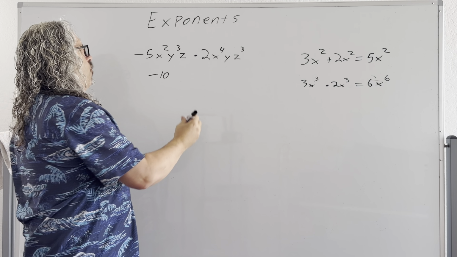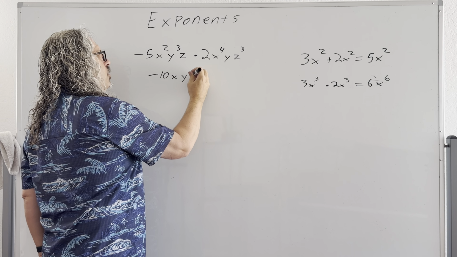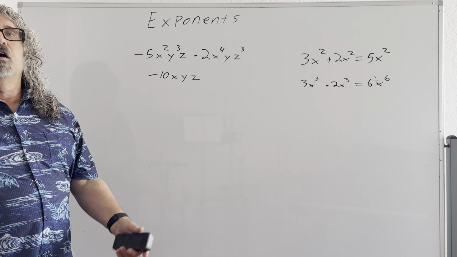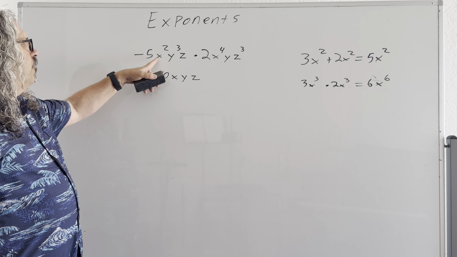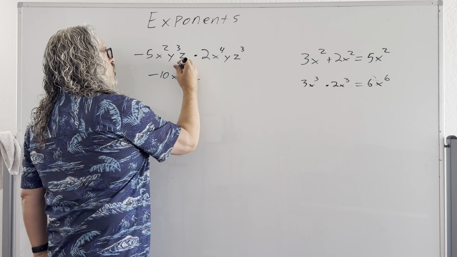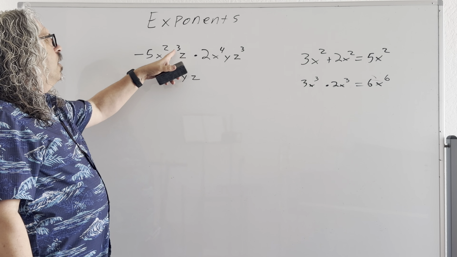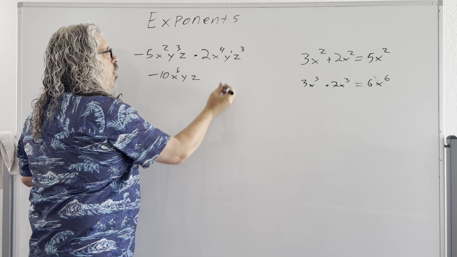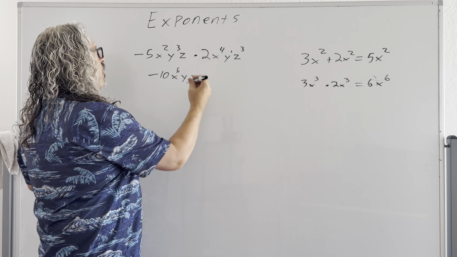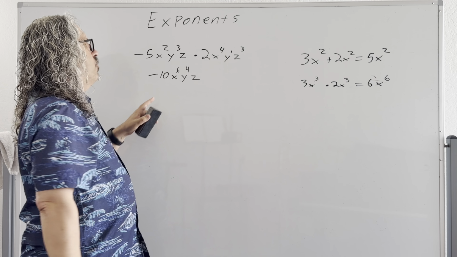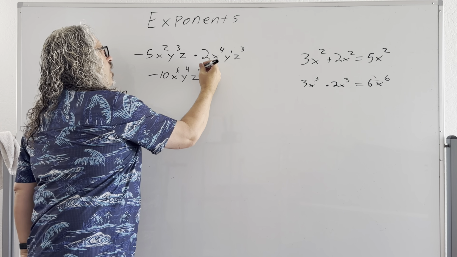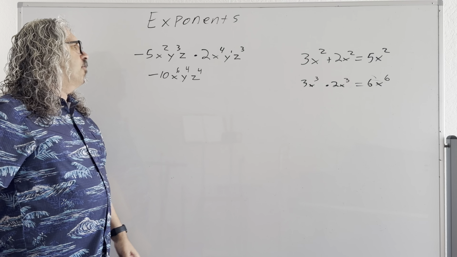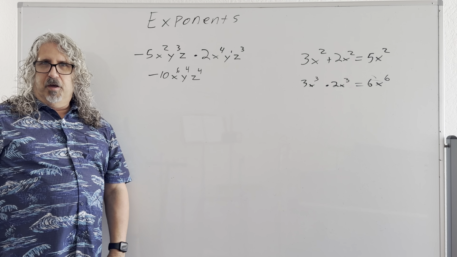Now, you're going to have an xyz, because there's an xyz in the question, there's going to be an xyz in the answer. The question is, how many? I have 2 x's, I have 4 x's, I have 6 x's. Y, I have 3. Remember, if it's not written, that's assumed to be a 1. So you're going to add 1 more, and that's going to become a 4. And your z, I have 1 and 3 more. That's going to be z to the 4th, and this would be your answer when you multiply those.